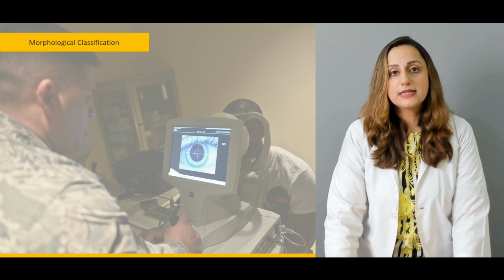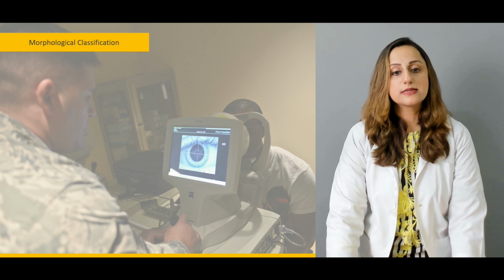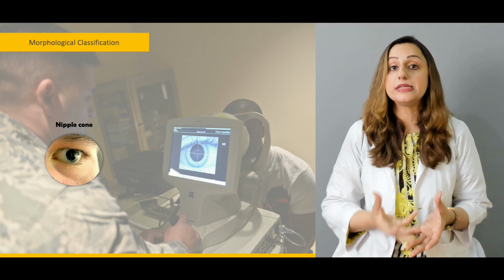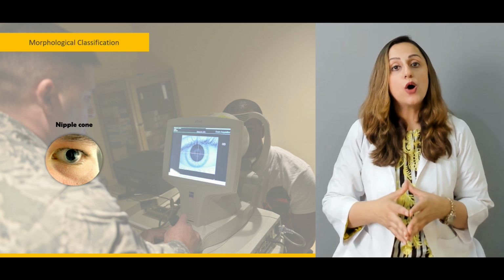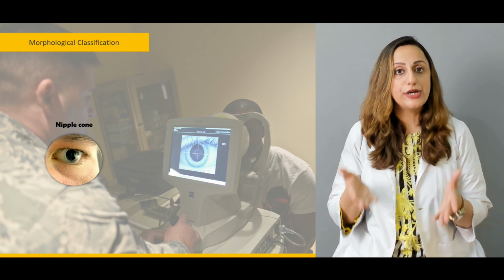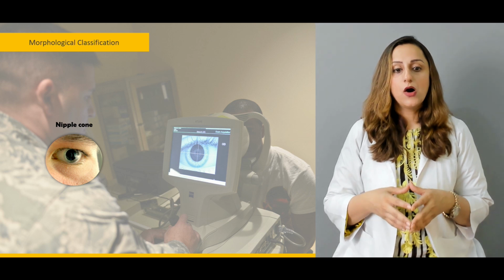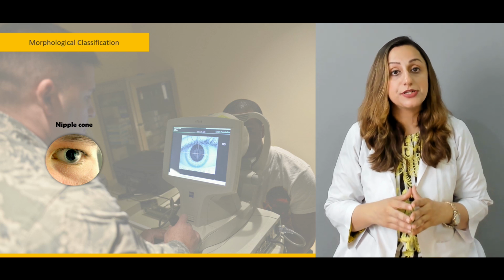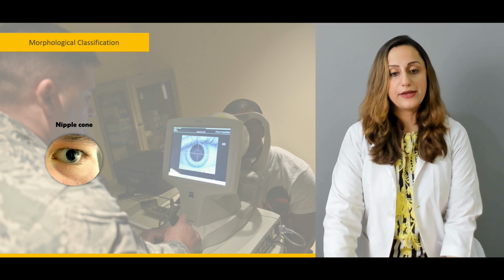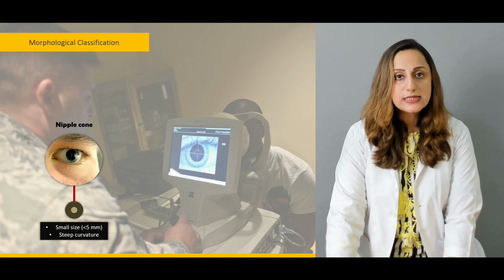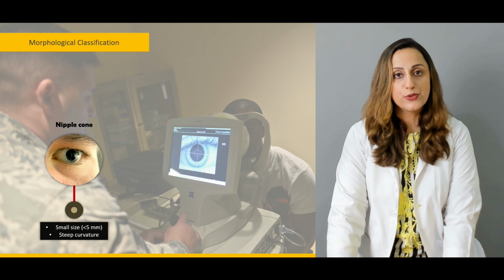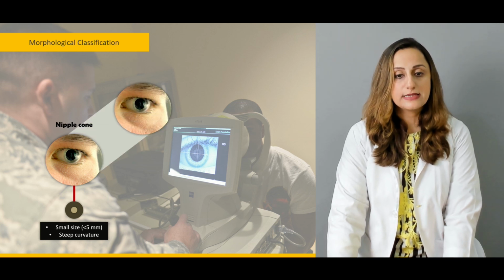The morphological classification of keratoconus: you can have a nipple cone keratoconus. Again, it depends upon the size of the keratoconus, or the bulging of the corneal epithelium over here. On one hand, we have a very mild keratoconus, termed a nipple cone keratoconus. It's very small in size, almost less than 5 millimeters, and steep curvatures are noted in this kind of case.